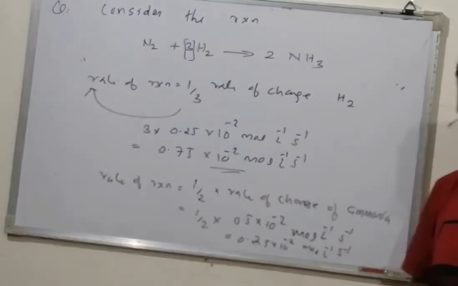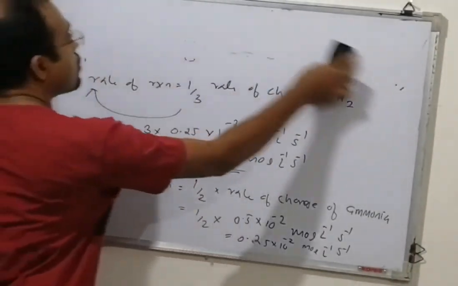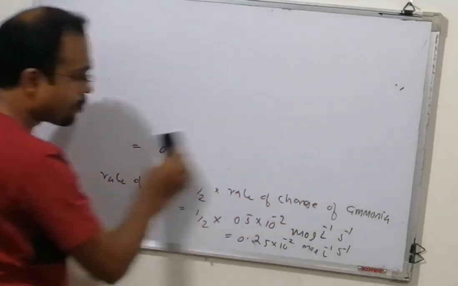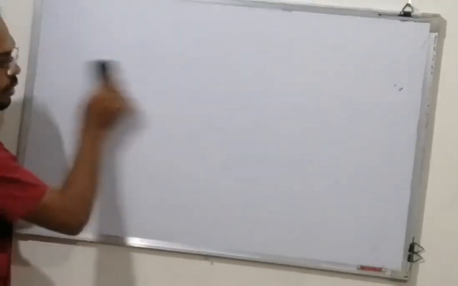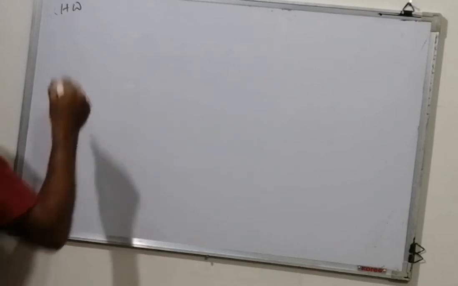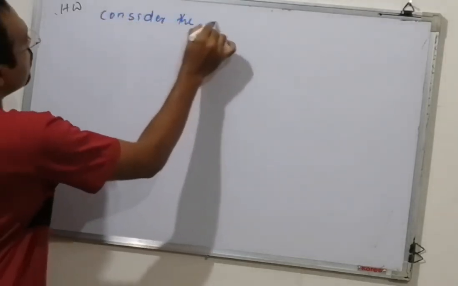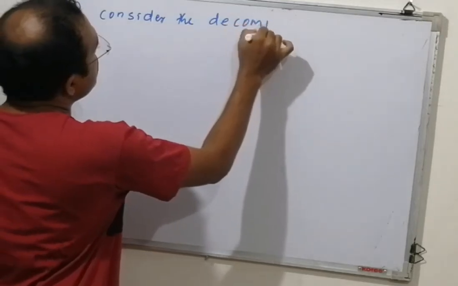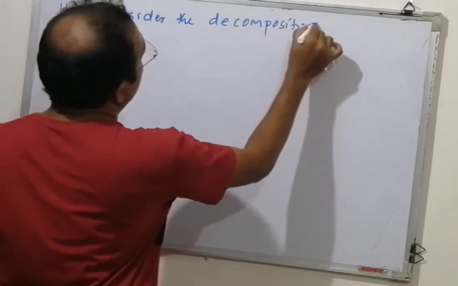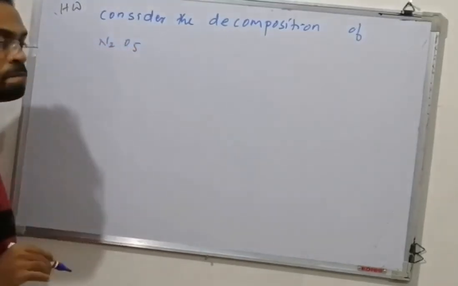Okay. You do one homework. Please finish the homework and share the answer with me. Any doubts, you can clear them. This is the homework. Consider the decomposition of N2O5.